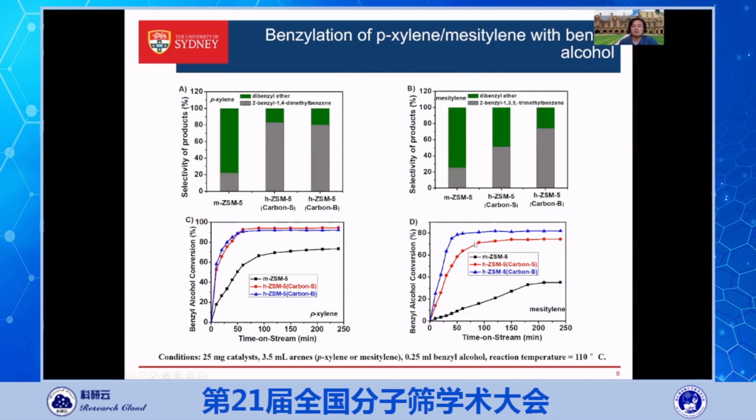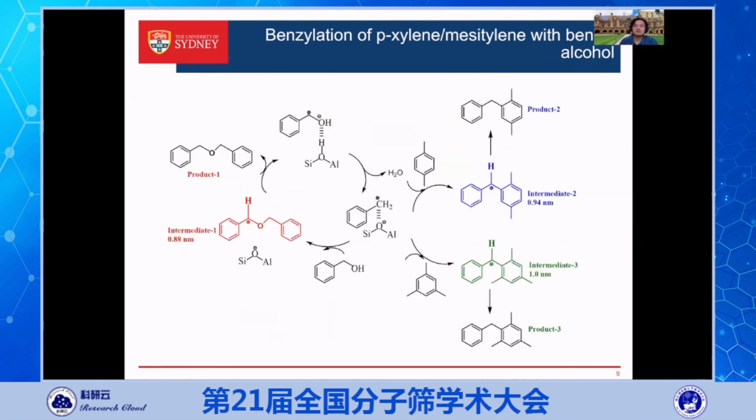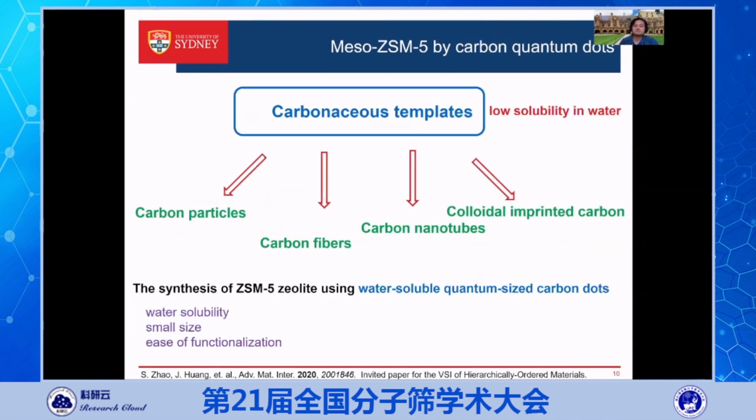But if we use these aromatics with 3 methyl groups, so the size increased, then we can see very clearly the big pores provide better conversion compared to the small mesopores. So in this case, we are able to change the pore size, and therefore improve the conversion and catalytic performance of the zeolite.